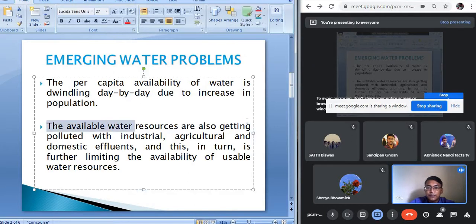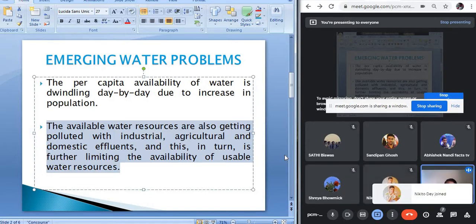The available water resources are also getting polluted with industrial, agricultural and domestic effluents, and this in turn is further limiting the availability of usable water resources, because of industrial activity, agricultural waste products, as well as domestic effluents.